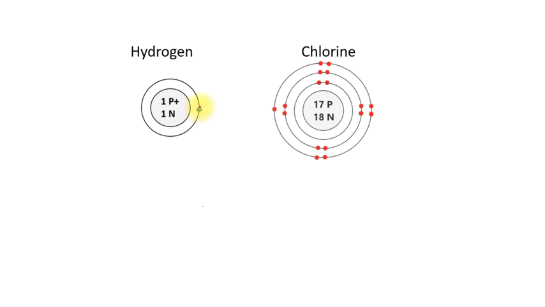And remember, valence electrons are just the ones on the very last energy level. So hydrogen has one valence electron. And chlorine has 1, 2, 3, 4, 5, 6, 7. So chlorine has 7 valence electrons.